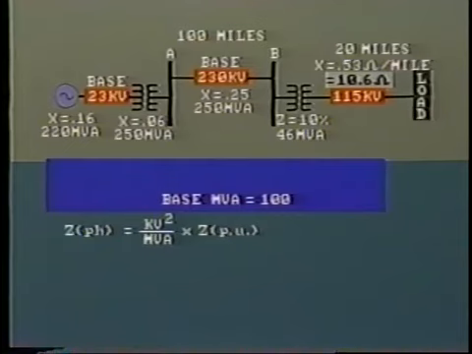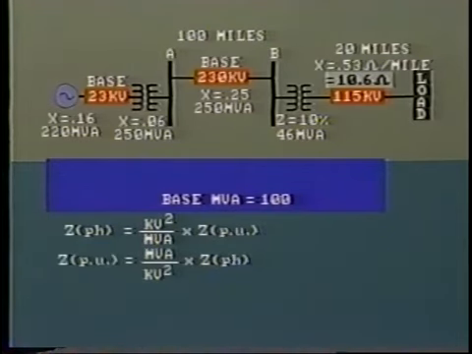We already learned that ohmic impedance is given by the expression impedance per phase equals kV squared divided by MVA times per unit impedance. Transposing this, we find that per unit impedance is equal to MVA divided by kV squared and multiplied by the ohmic impedance.